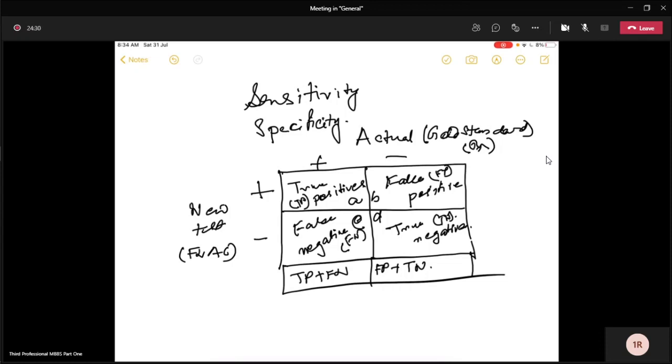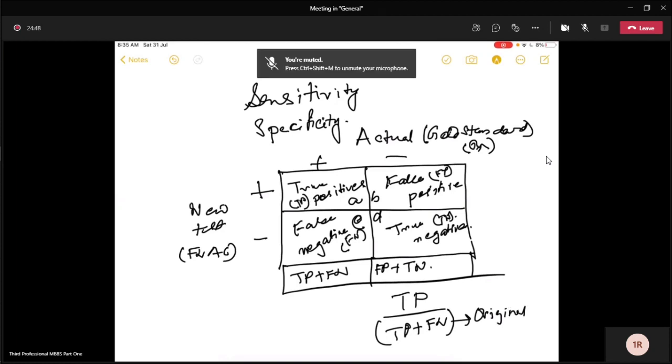So I shall divide TP by TP plus FN. Why? Because TP plus FN is my original or actual positive.